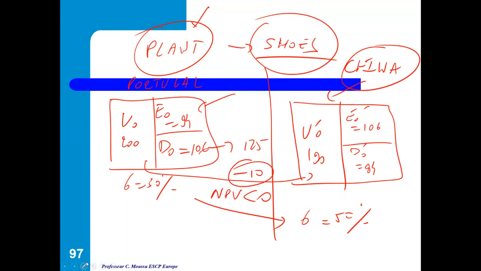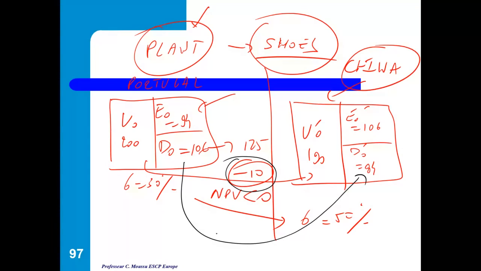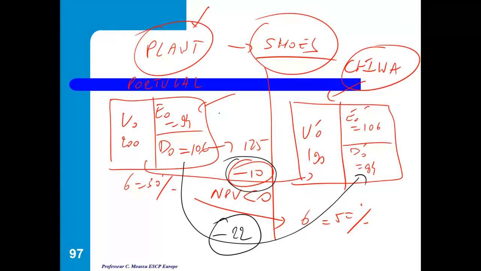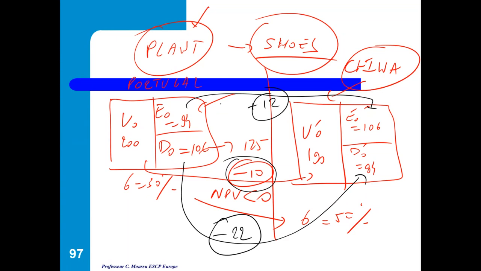If I go to China, I lose 10 on the firm value, but the value of leverage will decline by 22, and the value of equity will increase by 12.